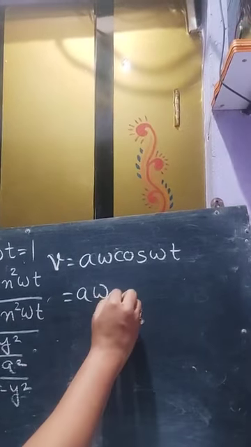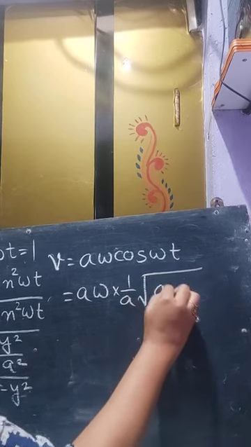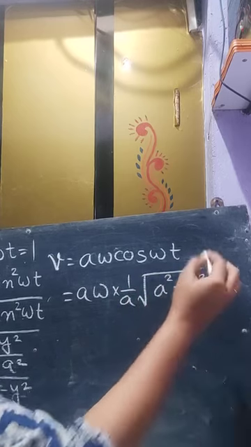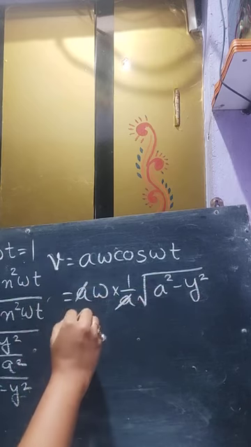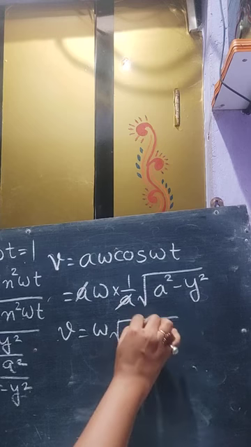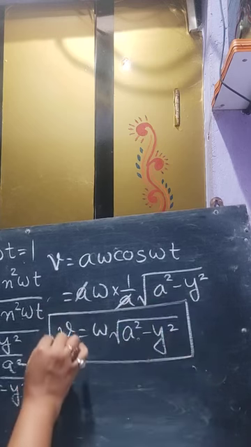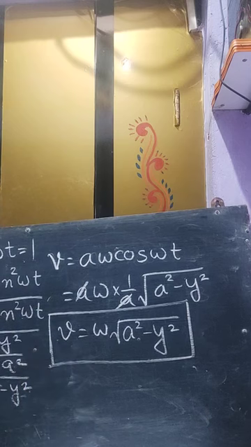Just replacing the value, a cancels out. So V becomes omega into under root of a square minus y square. So this is the expression for the velocity of SHM.